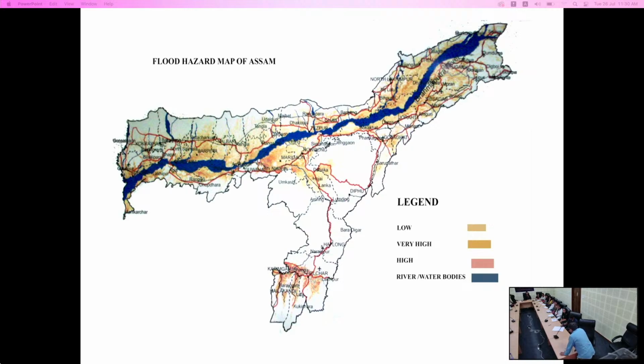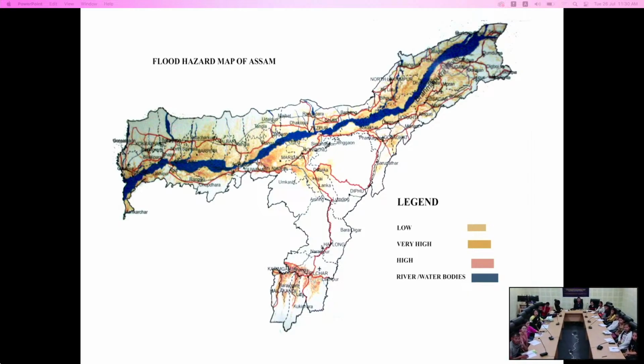There is hardly any flood free area nowadays except in Assam, except for the two hill districts. I will show you later on, but still you know that these are relatively flood free areas.